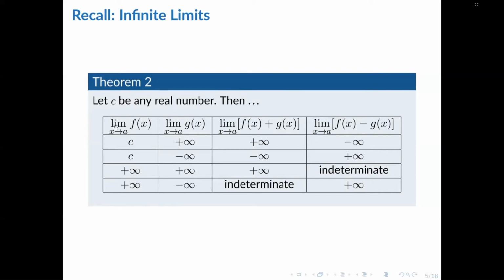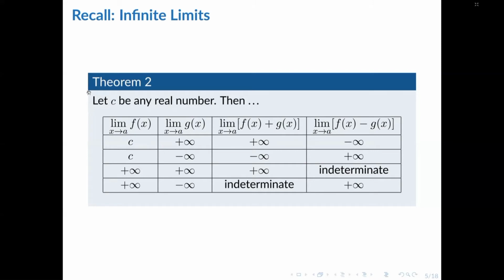For the first column, if the limit of f of x as x approaches A, for example, is c, and the limit of g of x as x approaches A is positive infinity, then the limit of the sum of f of x and g of x as x approaches A is positive infinity, and the limit of the difference of f of x and g of x as x approaches A would be negative infinity.